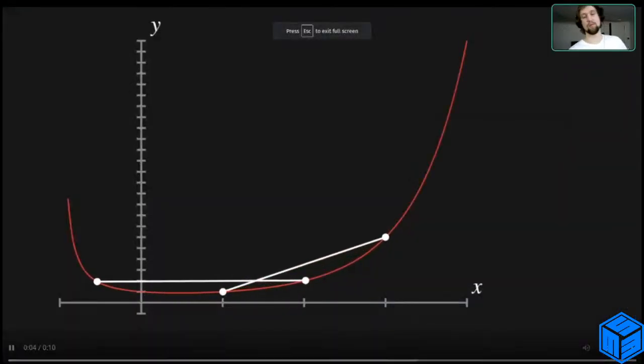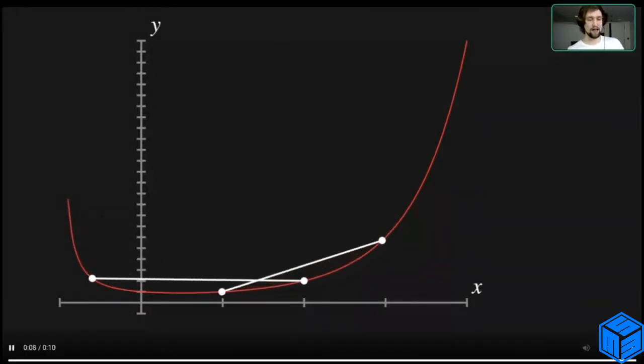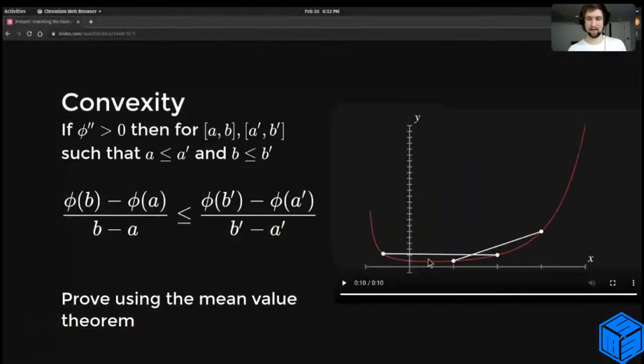Looking at these 4 points, as long as this one is greater than this one, and this one is greater than this one, we see that the slopes follow this relation here. Not very specific for me to say it, but there is a hand-wavy visual proof to be seen there.